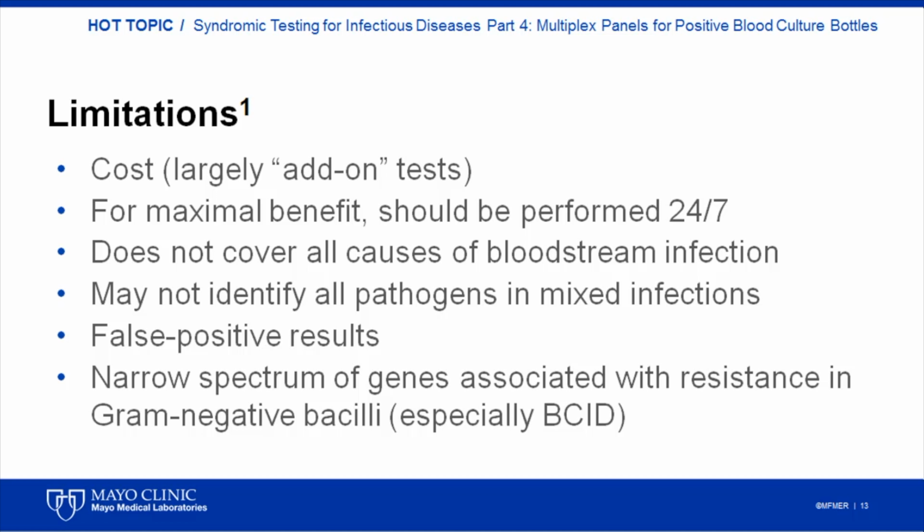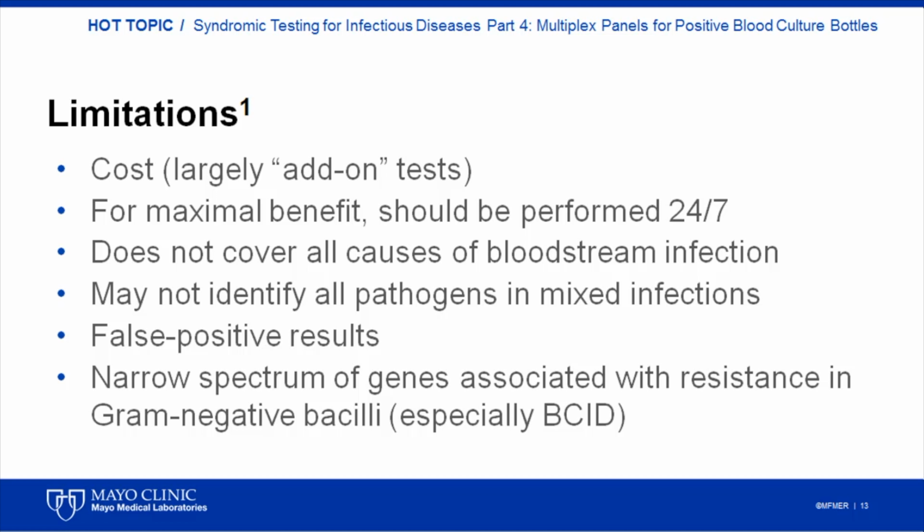Lastly, a narrow spectrum of genes associated with drug resistance in gram-negative bacilli is included in these panels, especially in the case of the BCID panel, and therefore their ability to predict susceptibility of gram-negative bacilli is imperfect.